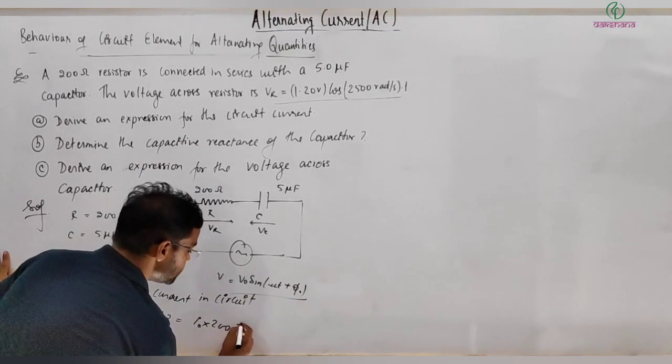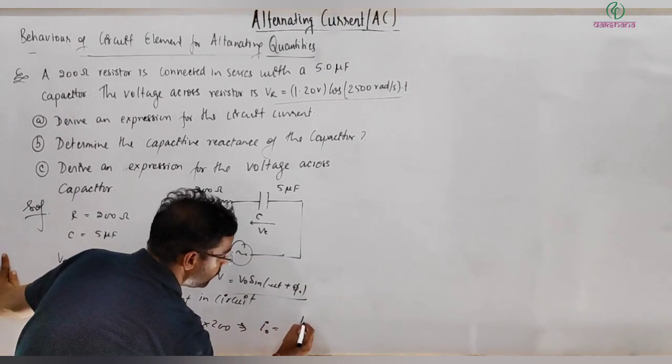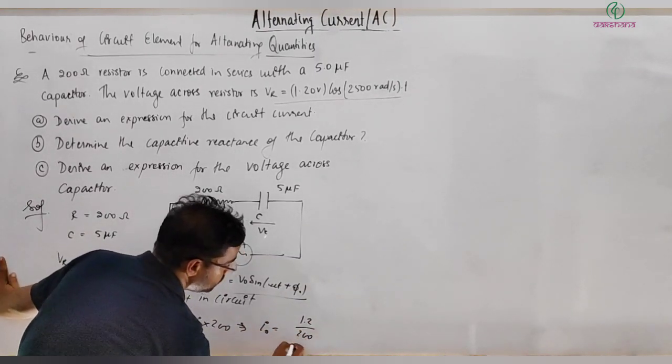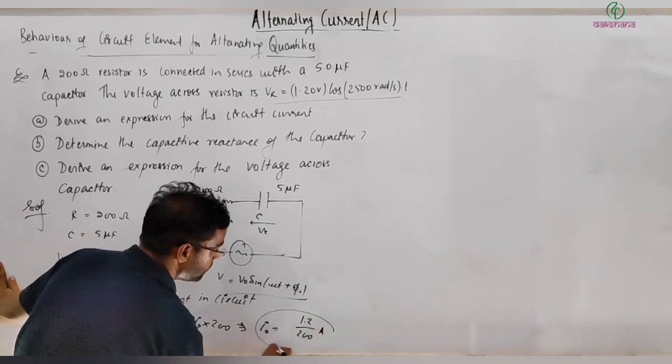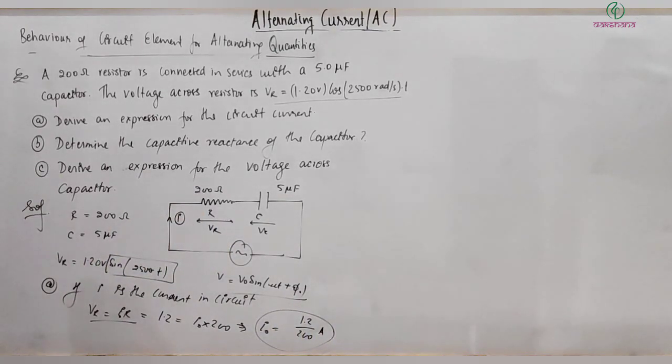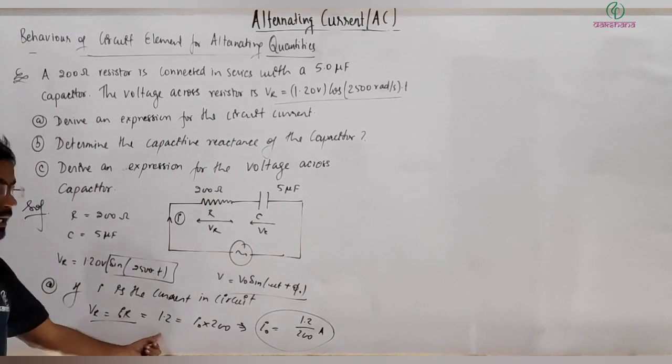So this implies I naught is equal to 1.2 divided by 200 ampere. Clear?